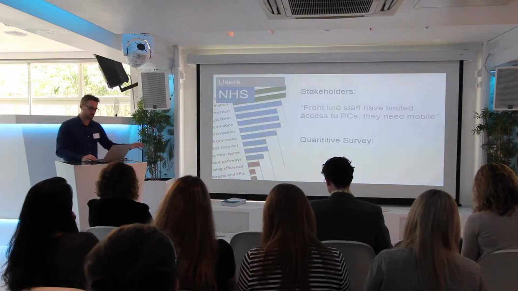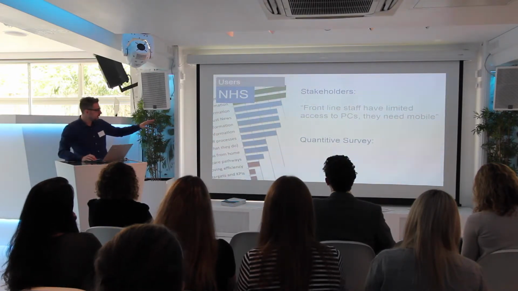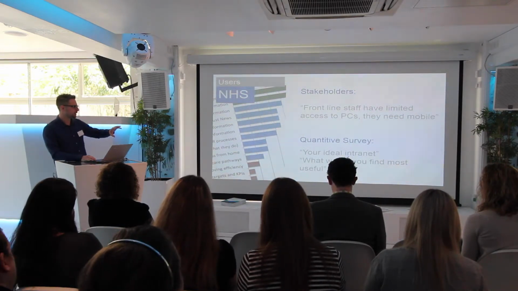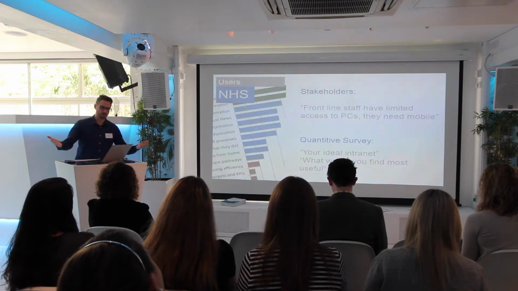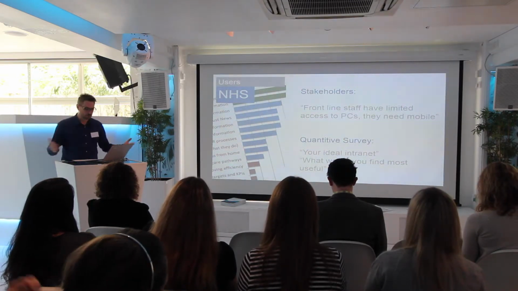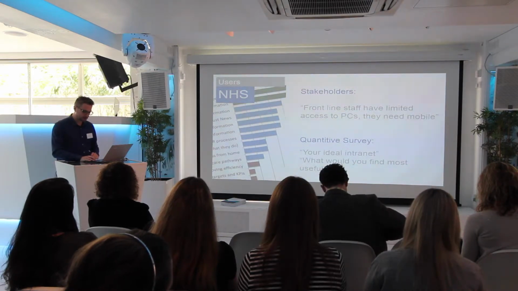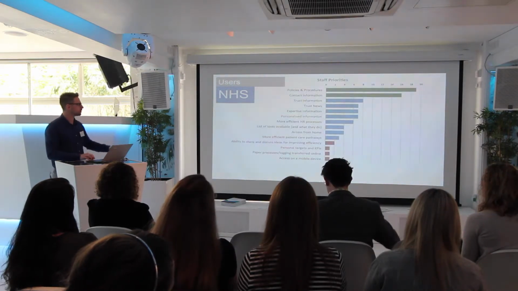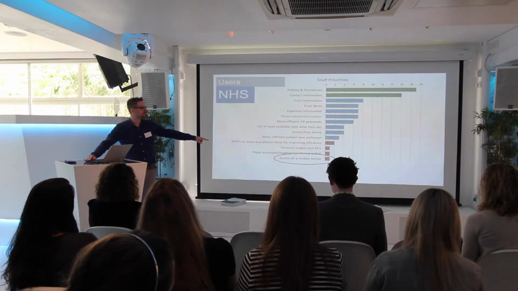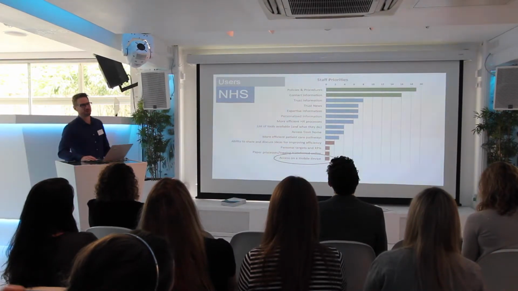So we did a quantitative survey. We offered up a set of options and asked them what their ideal intranet would contain and what they would find most useful, and compiled the results. And what we found was mobile was right down there at the bottom.